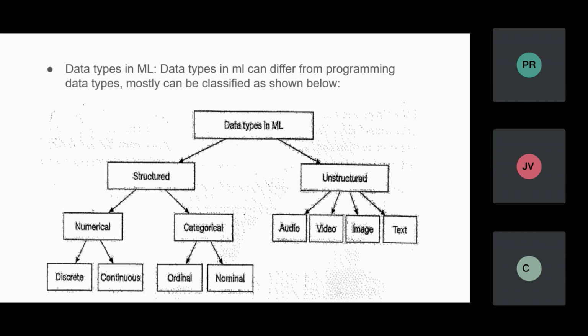In nominal, we have data like name, address, marital status, gender, etc.